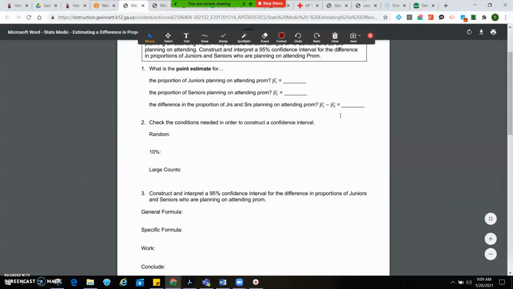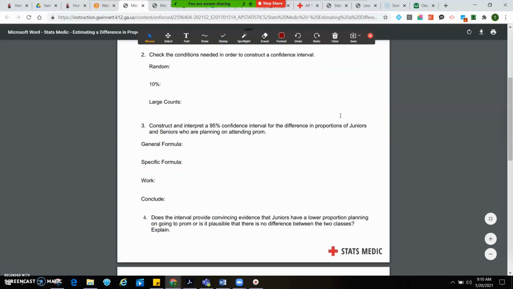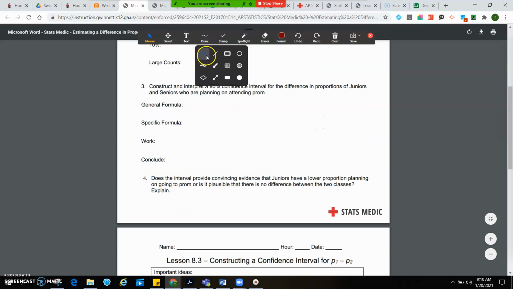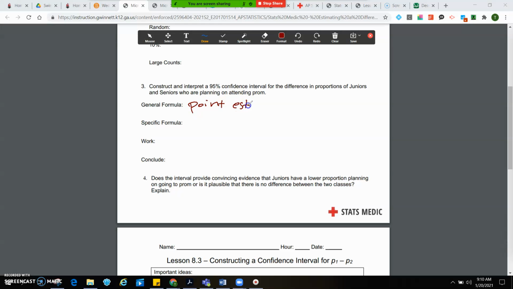So then when you come down here, it has a general formula and then it has a specific formula. The general formula that we always are going to use is we're going to take that point estimate and then add and subtract our margin of error. The specific formula that we're actually going to use looks a lot like what we've done in the past, just a little bit different.